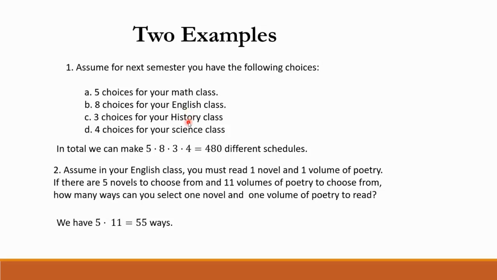You have 3 choices for the history class, and you have to take a science class. There are 4 choices for that. So in your schedule, you have to have one of each class. In total, you can make 5 times 8 times 3 times 4, which is 480 different schedules.